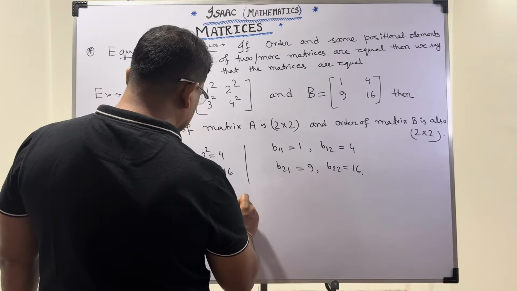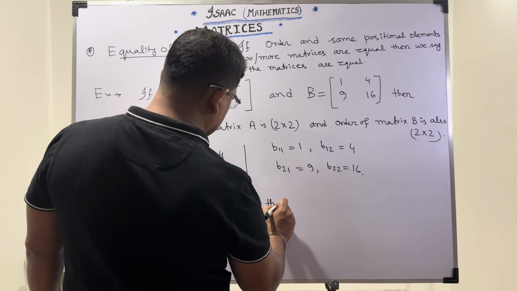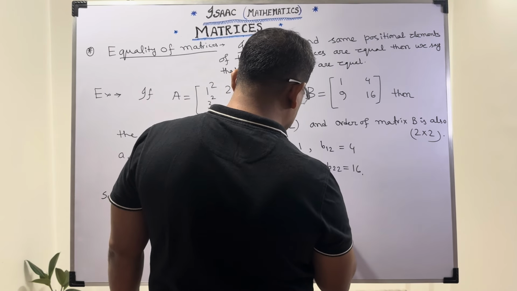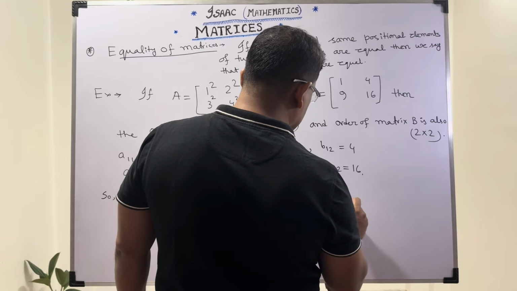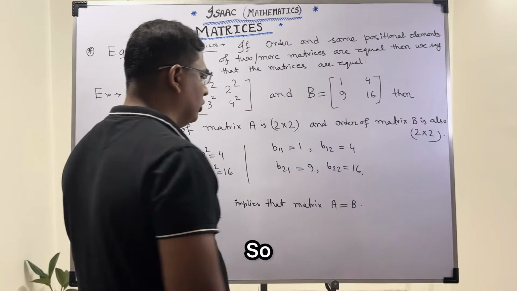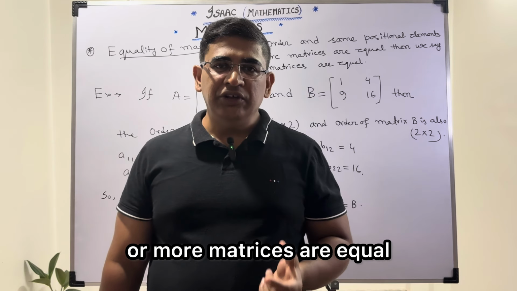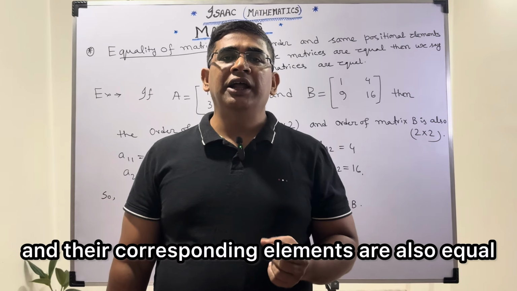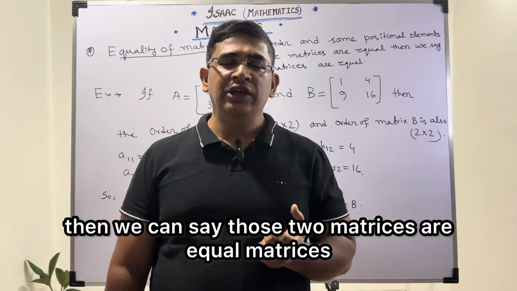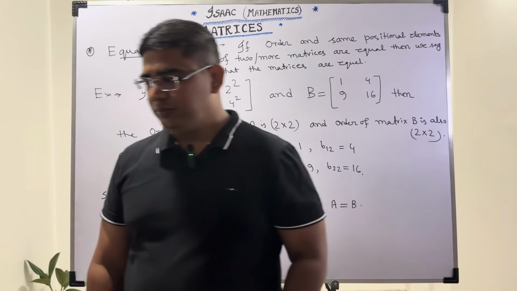This implies that matrix A is equal to matrix B. Okay. So if the order of two or more matrices are equal and their corresponding elements are also equal, then we can say those matrices are equal matrices.